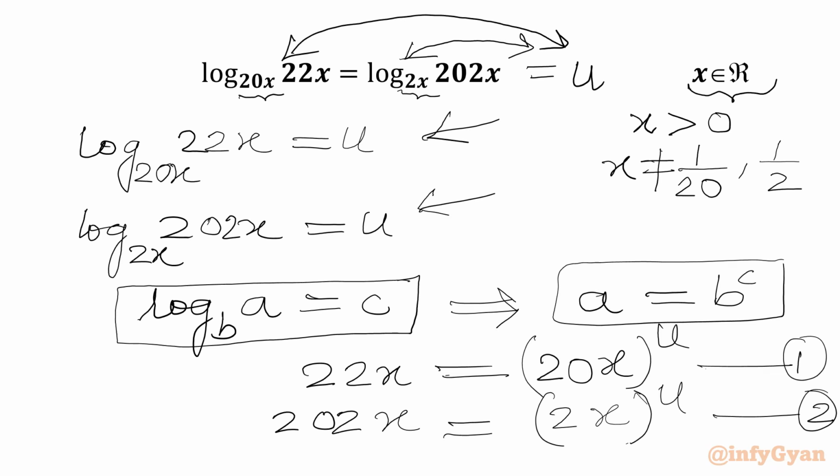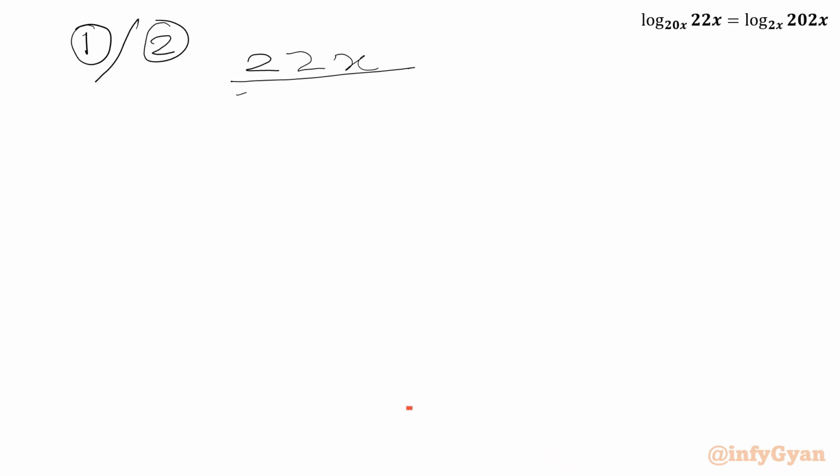Now we will divide equation 1 by equation 2. We'll write 22x divided by 202x in the LHS.